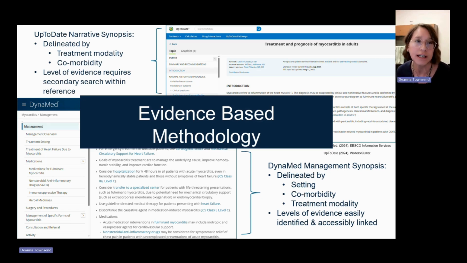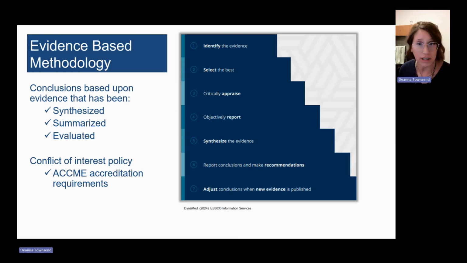If we want to take a look at the evidence-based methodology behind DynaMed's content, we can look at how that information is synthesized, summarized, and evaluated, and it is comparable to UpToDate. All the evidence is systematically identified and interpreted by clinical experts, so physicians and methodologists partnered with McMaster University, so there's a lot of confidence in that, where this team monitors medical research and then critically appraises and evaluates the research trustworthiness, relevance, and clinical value.